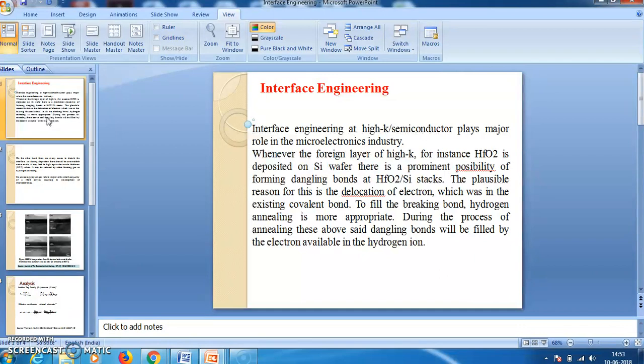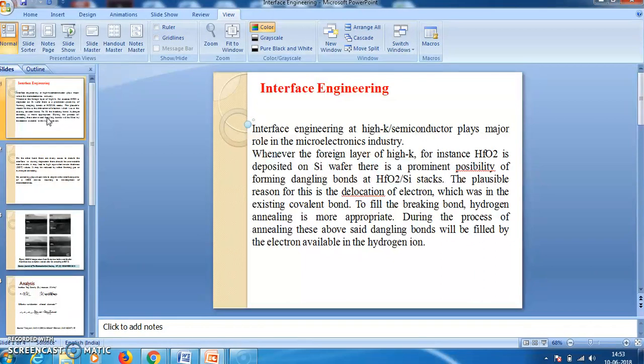Smartphone, smart TV, everything is smart nowadays. So for getting smart, thin devices, we have to concentrate on miniaturization. Only with miniaturization is it possible to have thin, very small devices.